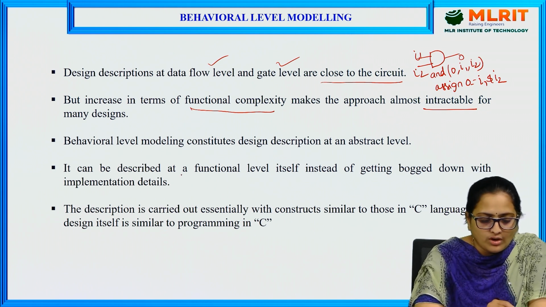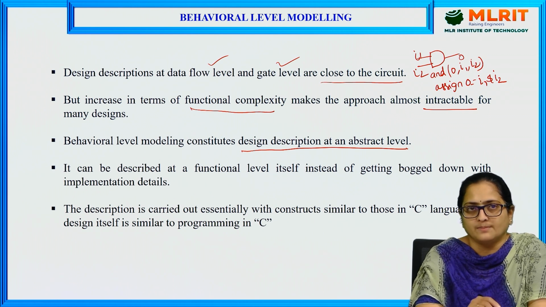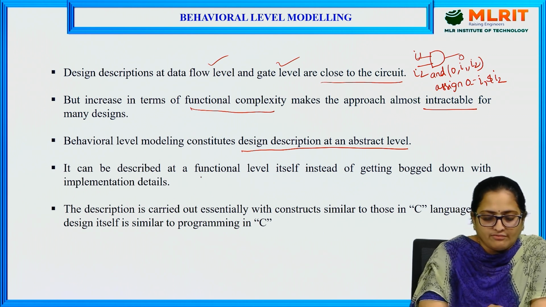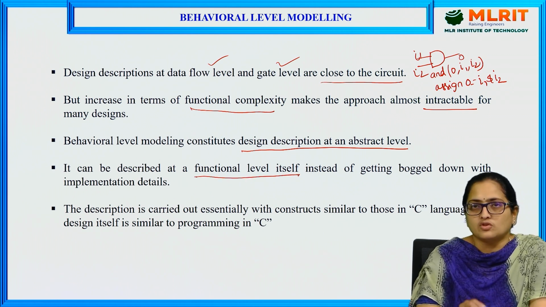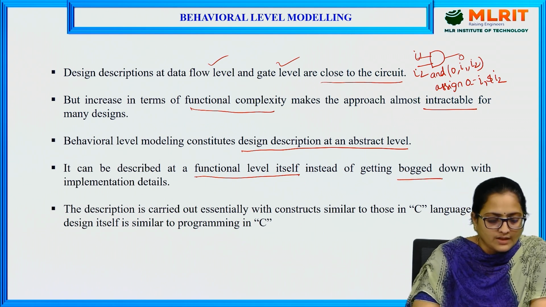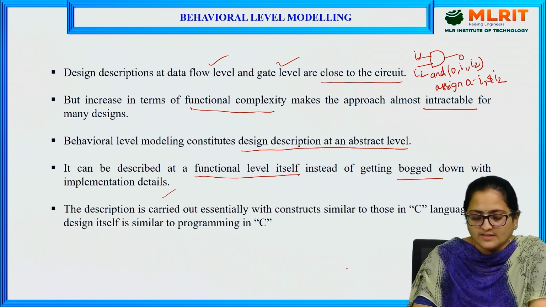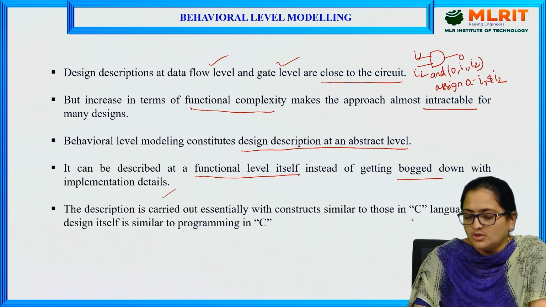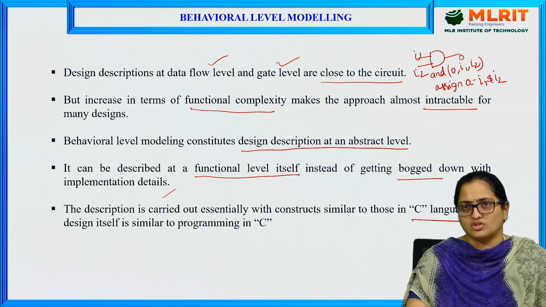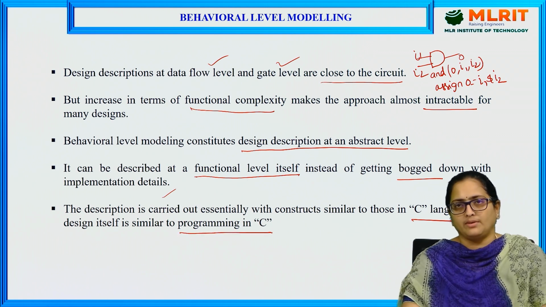Behavioral level modeling constitutes design description at an abstract level. It can be described at functional level itself instead of getting bogged down with the implementation details. The description is carried out essentially with constructs similar to that of the C language, and the design itself is similar to programming in C.